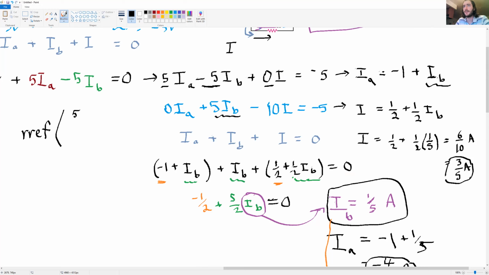You have to include the minus sign here, so 5, minus 5, 0, and then you put the constant on the other side as the 4th column, so minus 5. Here it would be 0 for the second one, plus 5, and then a negative 10, and then here we have negative 5. And then for Kirchhoff's current law, the coefficients are always 1s or minus 1s.